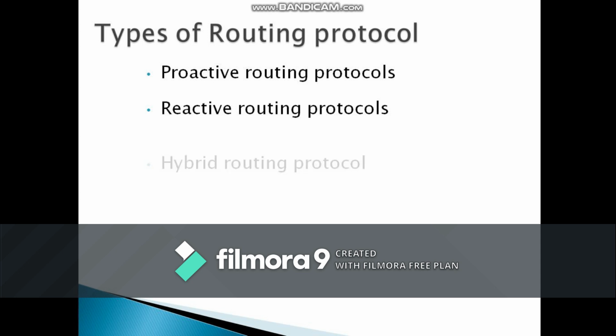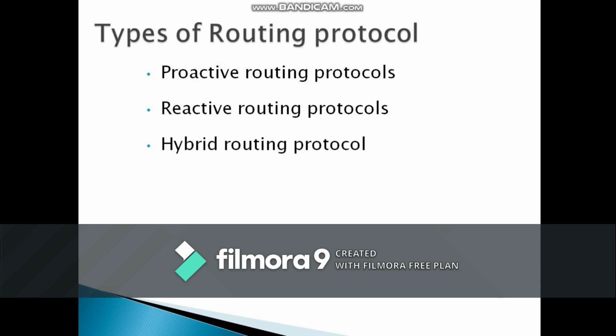The third type of routing protocol is the hybrid routing protocol. This type of protocol combines the proactive and reactive routing approaches. It divides the network into various routing zones.